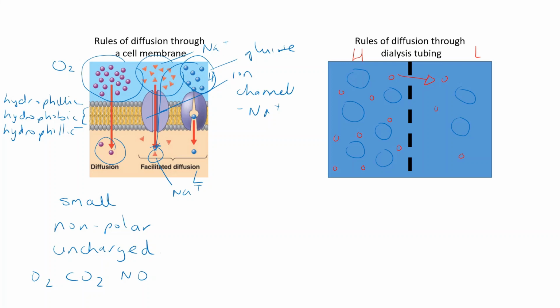And it doesn't matter if these are charged or polar molecules. As long as they're small enough to pass through, then they'll pass through and go down their concentration gradient from high to low.